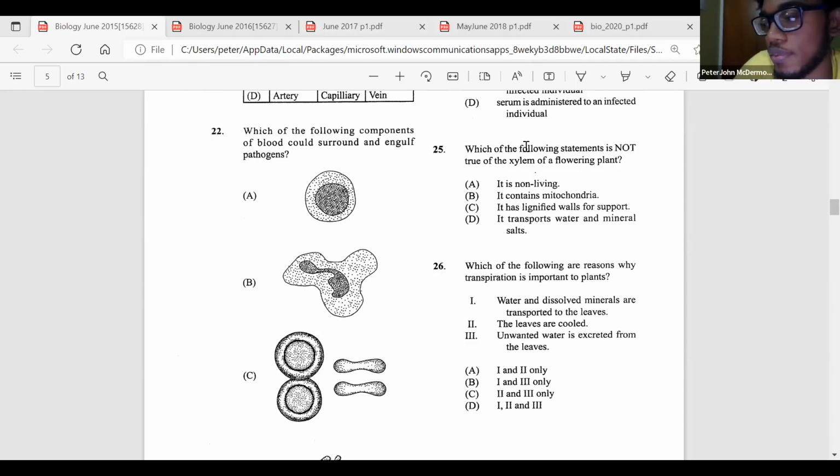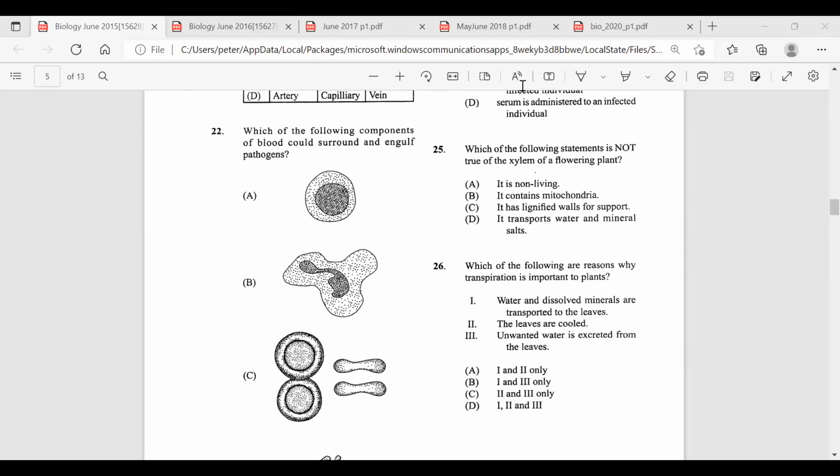So what's the function of a monocyte? I'm not sure about that. All right. Function of a phagocyte? Pretty sure they just make antibodies.